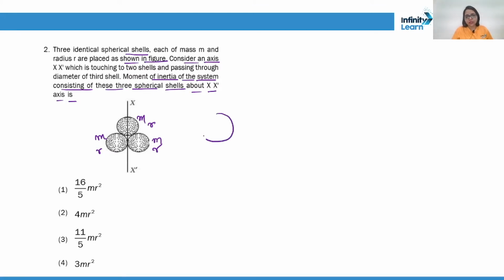So for the first upper one, let's number this 1, 2 and 3. For the first shell, the moment of inertia will be about its geometrical axis, that is, about its diameter. So this is a spherical shell. Moment of inertia for a hollow sphere or a spherical shell is what? I1 is 2 by 3 mr square.